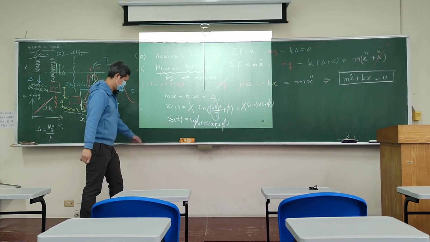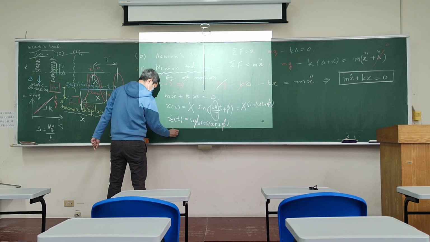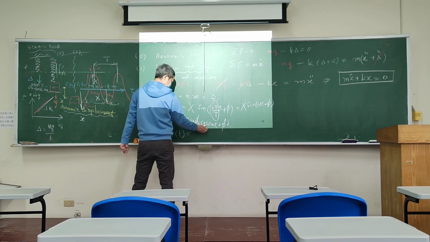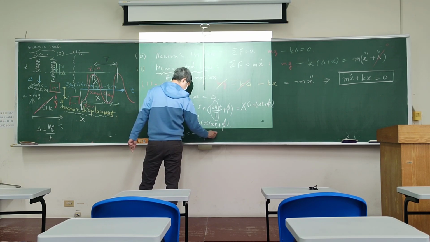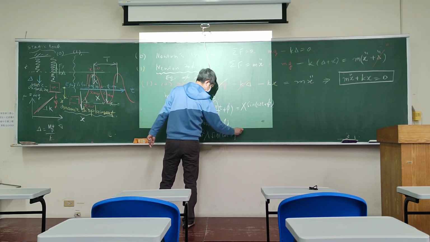If you differentiate one more time, you obtain the acceleration. This is minus omega squared, capital X sine omega t plus the phase.